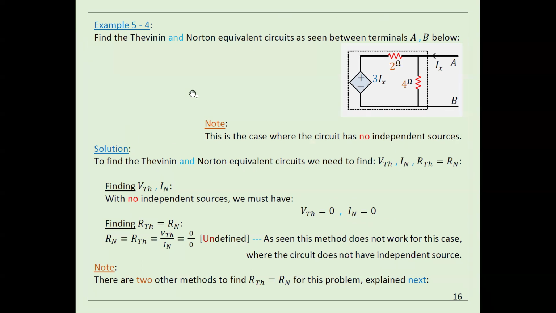If you open here, no current will go, because the current should come from an independent source. If there are no independent sources, no current, no voltage. So again, VTH is zero. IN in this very specific case is zero. Is that okay? Makes sense?